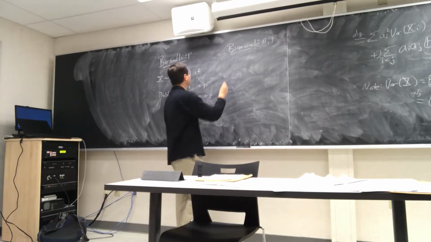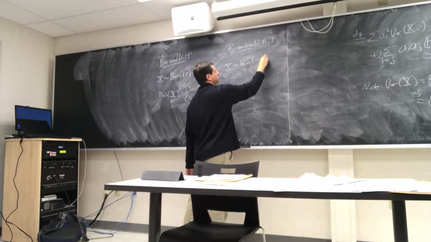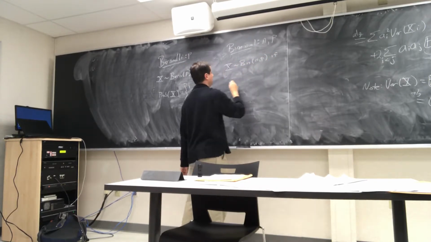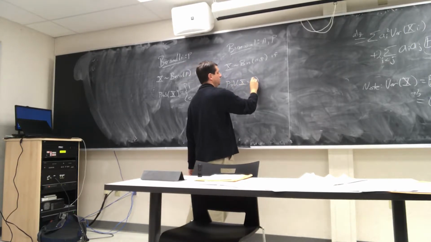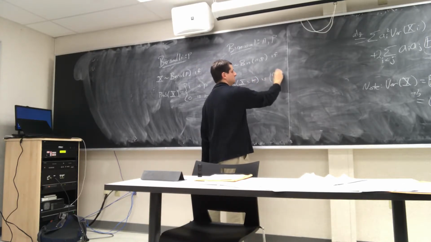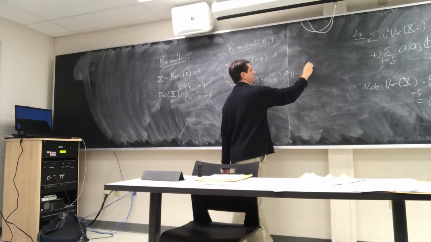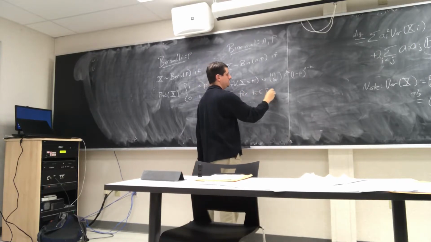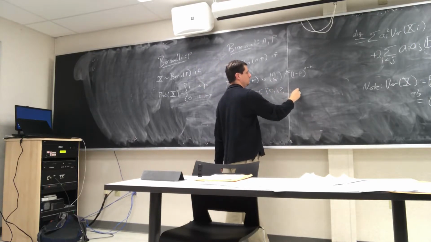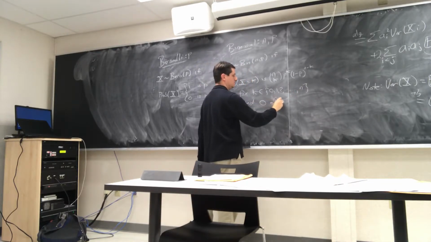And we'll write x is binomial n, p if the probability x equals k is n choose k, p to the k, 1 minus p to the n minus k, for k in 0, 1, 2, ..., n, and 0 otherwise.